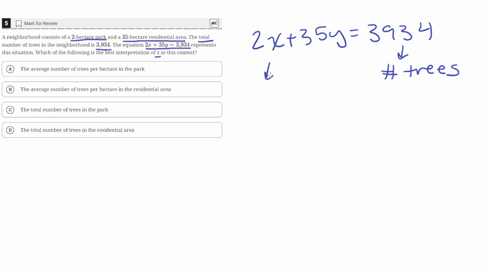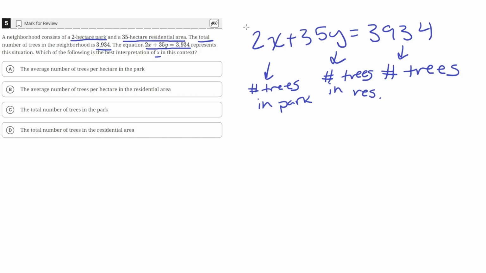So this should represent the number of trees in the park, since it's showing the 2-hectare park here, and then the 35-hectare residential area, the number of trees in the residential area.